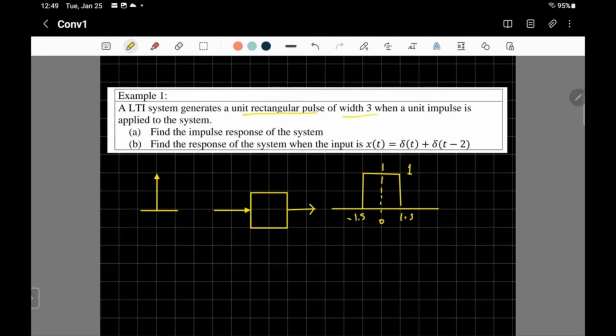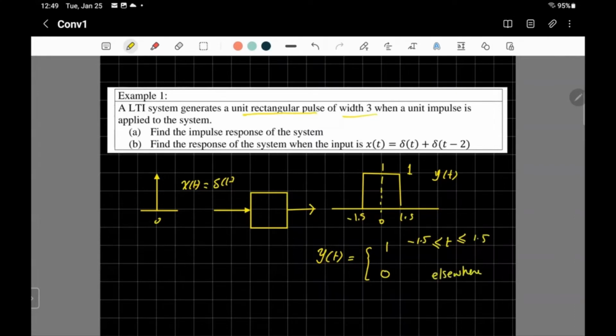We did it. And if you would like to express it mathematically, it's easy. That's x of t equal to delta of t at 0. And that's y of t. I have to write an equation for it. It's not easy, just y of t is equal to 1 when t is greater than negative 1.5 and less than 1.5, and equal to 0 elsewhere.